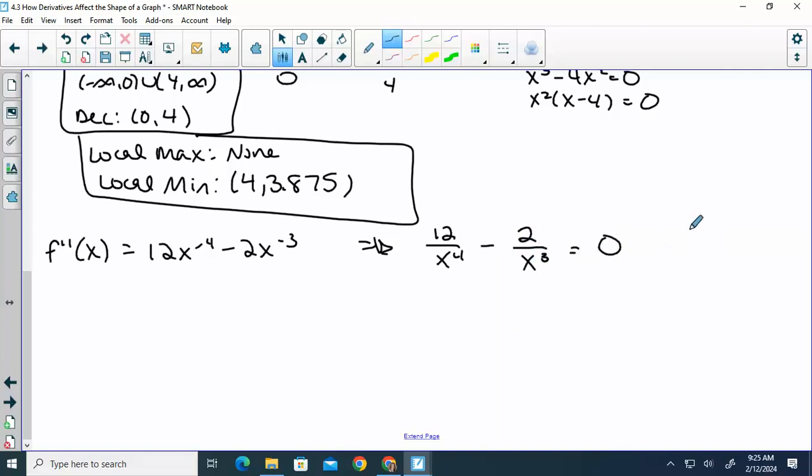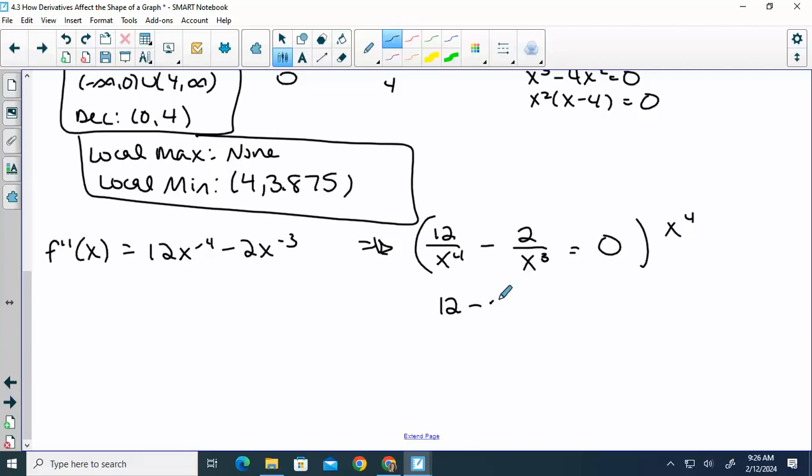We need anywhere that is 0 or undefined. Different ways of solving it. Last time I showed you, you could add it over and cross multiply. You could just say, I'm going to take everything times x to the 4th and get rid of your denominator. And that's also an option. So just trying to show you different options for writing it.